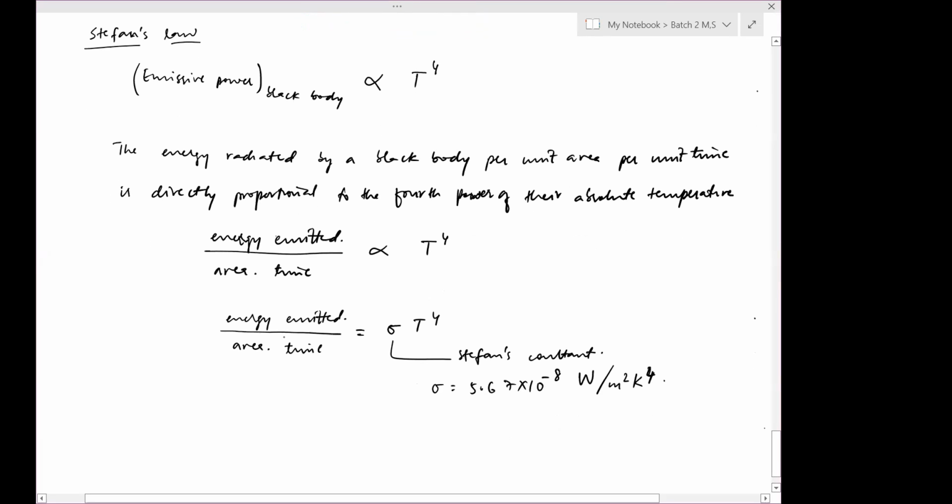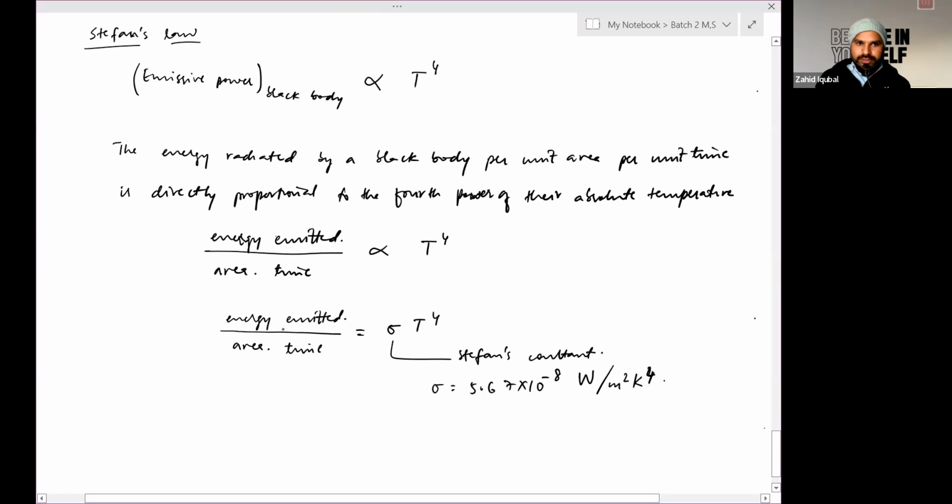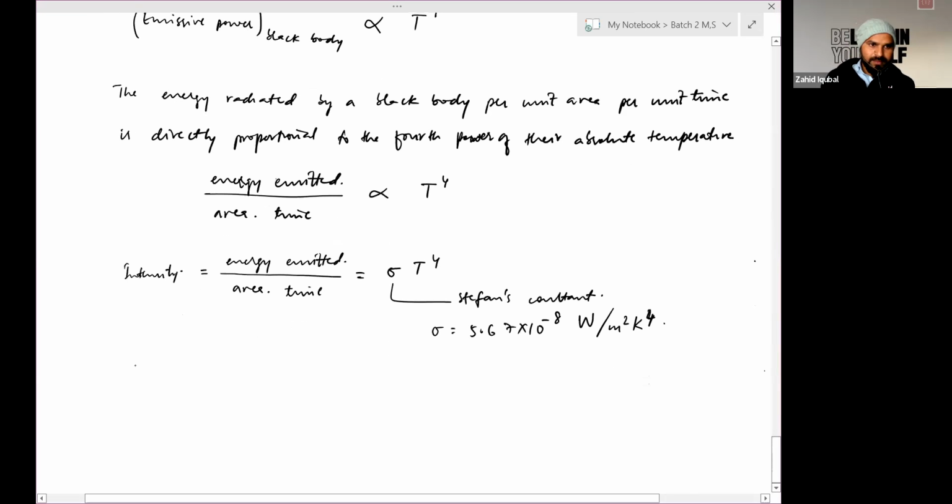Okay, so this is the amount of energy radiated per unit area per unit time. We may write this expression as intensity. Energy per unit time is also termed as power, divided by area.